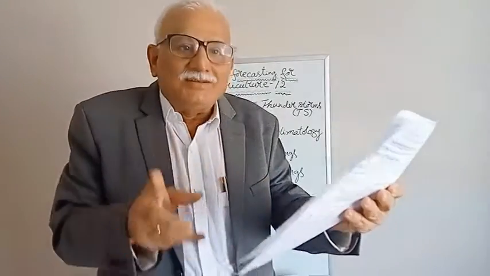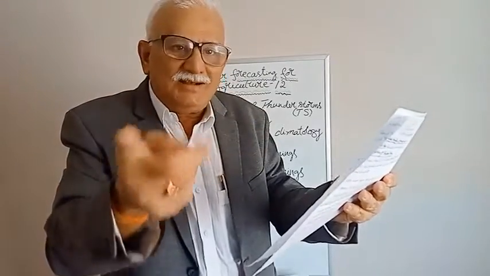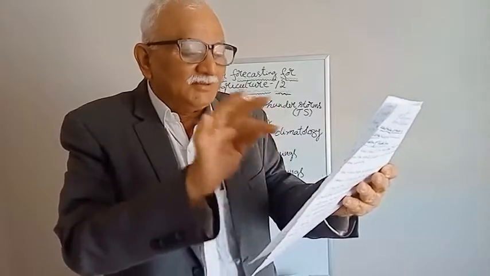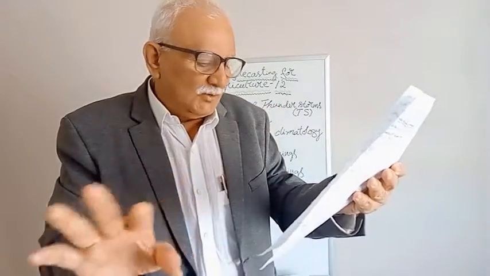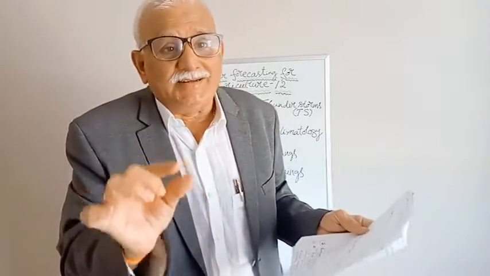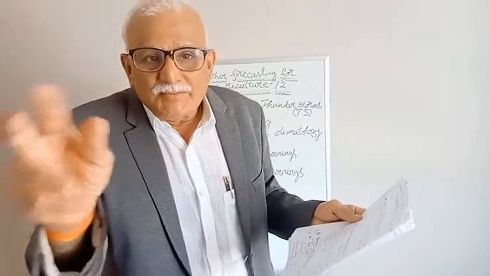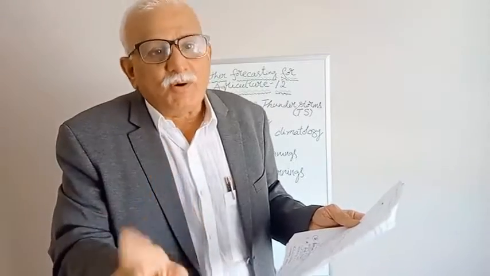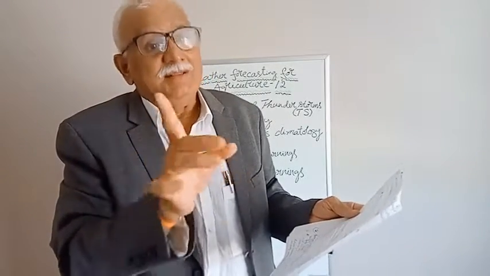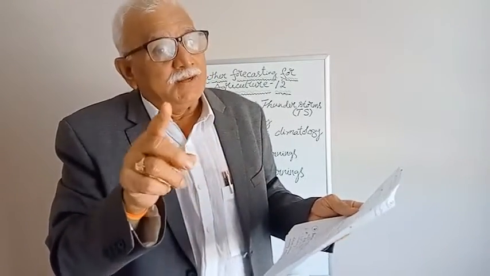What are the light dust storms? Like light thunderstorms, less than 40 kilometers per hour. However, here the criterion is visibility less than 1000 meters. That means less than 1 kilometer, but more than 500 meters visibility. That's what we call a light dust storm.